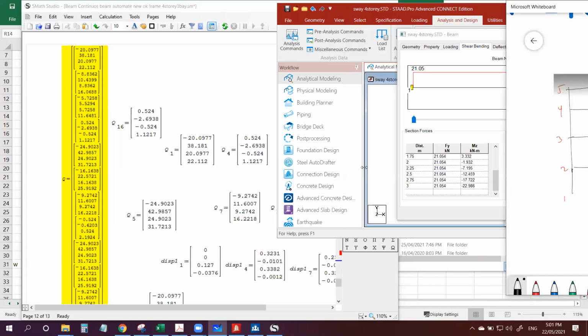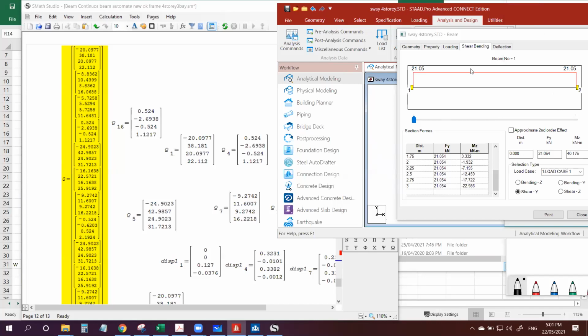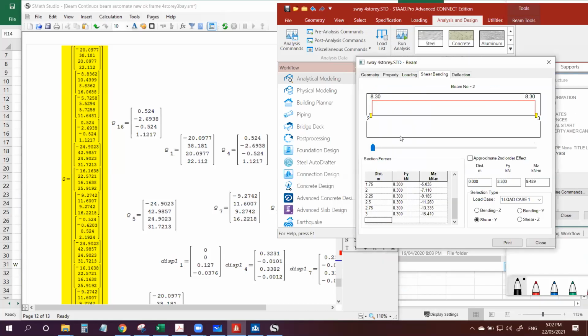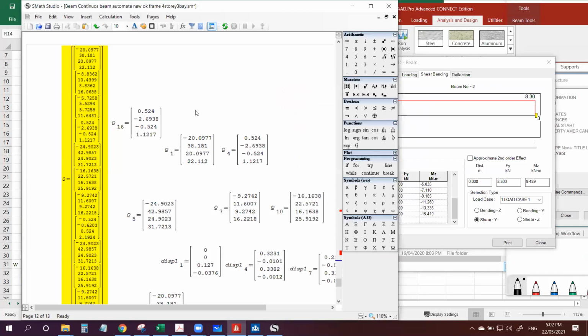Okay, let me check member 2. Double click. These are the shear, 8.3. So let's change this Q to calculate.